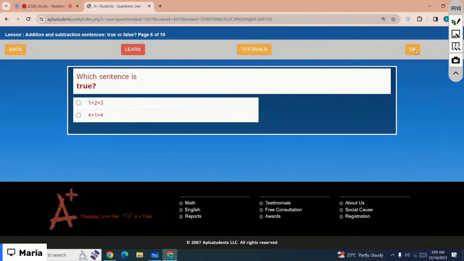The correct option is option number 1. 1 plus 2 equals 3. Yes, that is option 1. Very good.